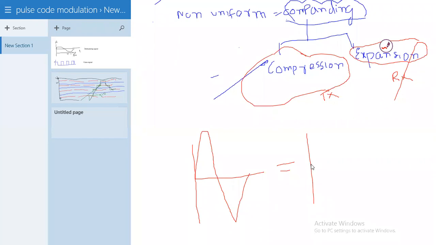We can reduce the signal without loss of any information.